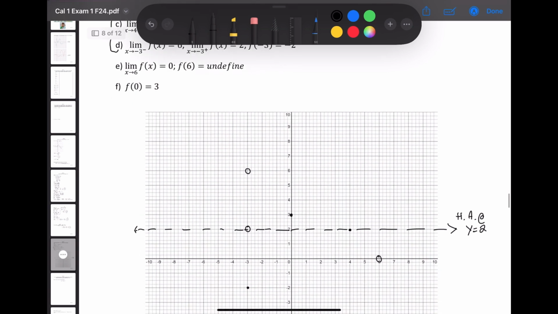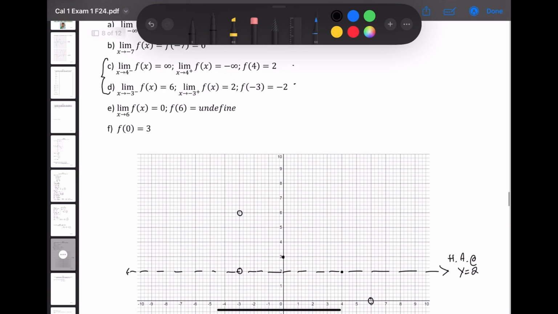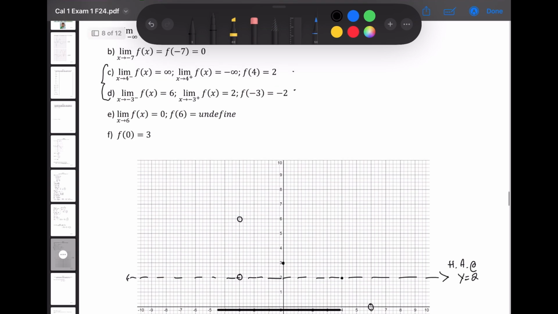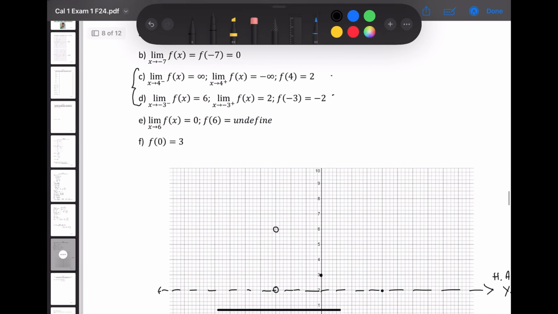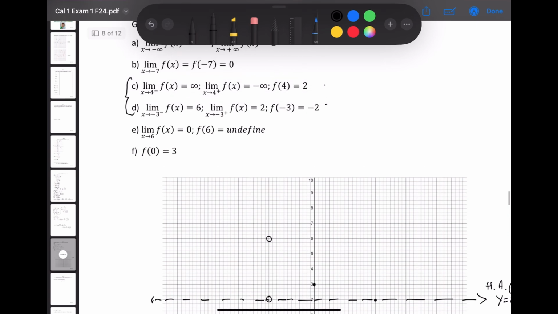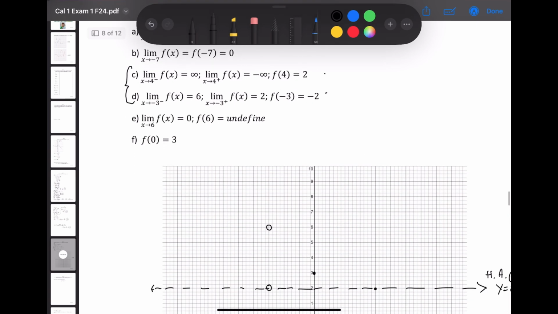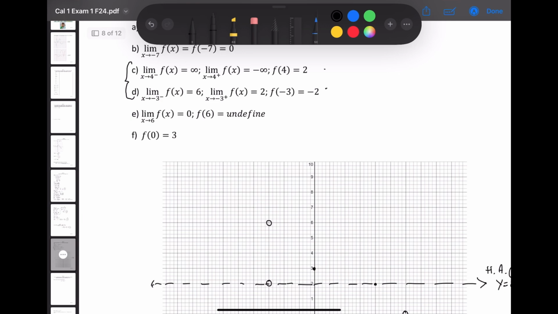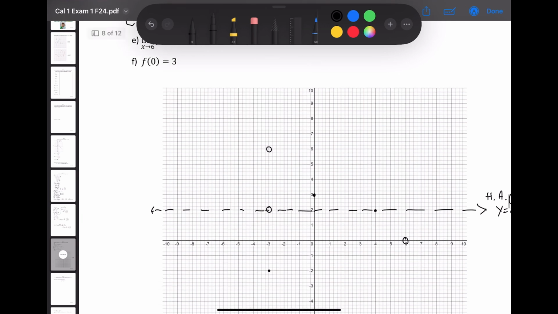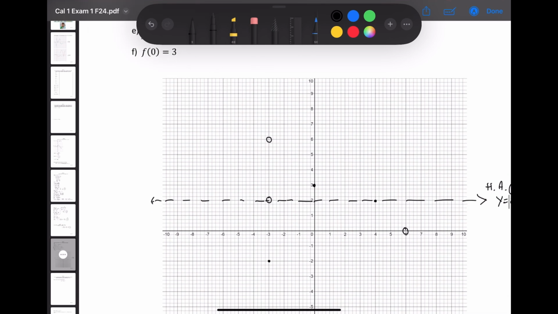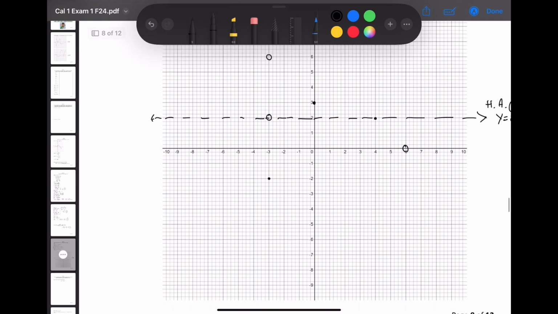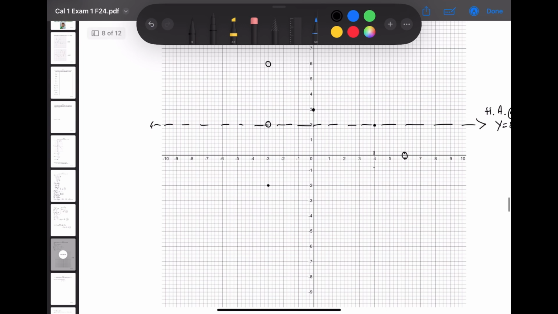So now, I also forgot to mention that when we are given values like C and D, when limits are approaching from left and right, that means we're going to have a restriction or a vertical asymptote, in this case at 4 and negative 3. So we can go ahead and mark those down.